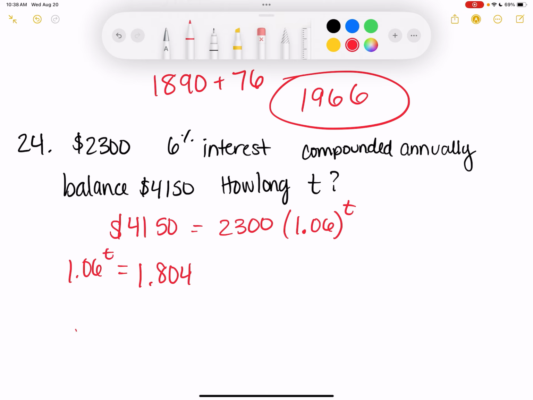So then we would have log base 1.06 of 1.804. And if you rounded this number, you can either use this rounded number, or if you hit second and then the negative button, that takes the answer from the previous thing you found, and it'll plug that exact number in. If you're going out to 3 decimal places, it's really not going to change your answer that much.